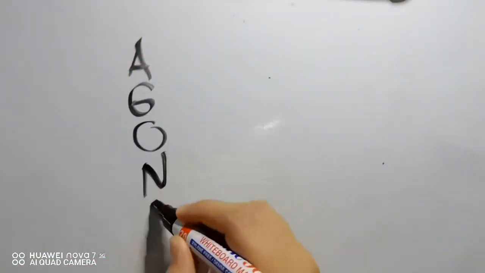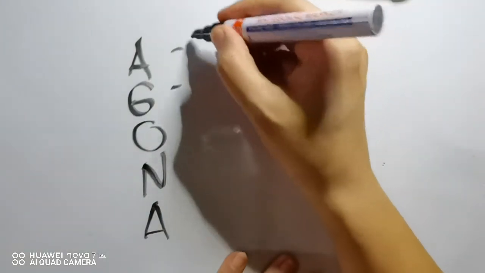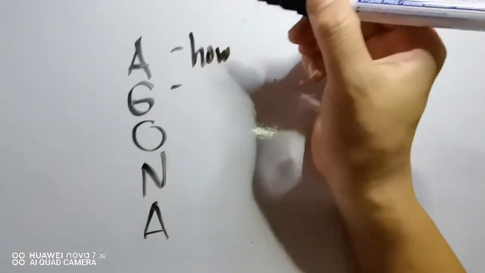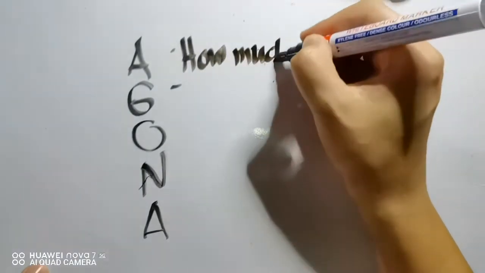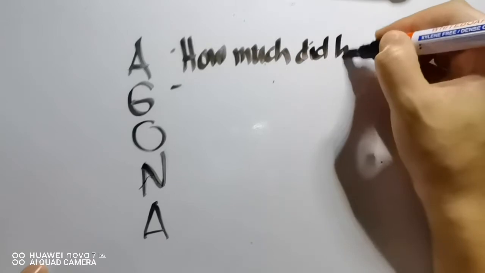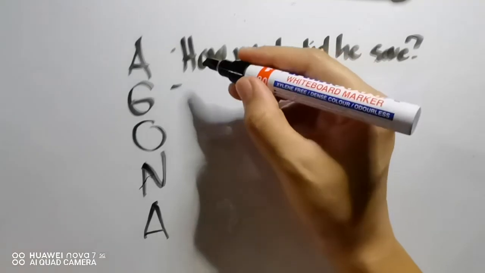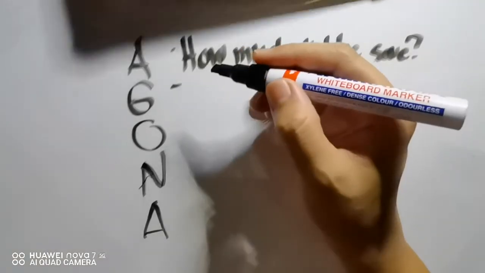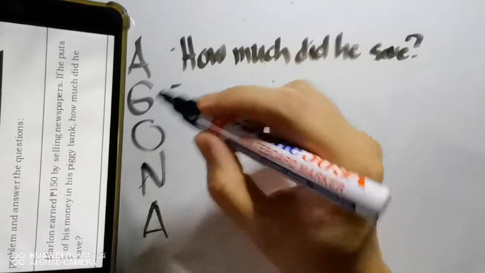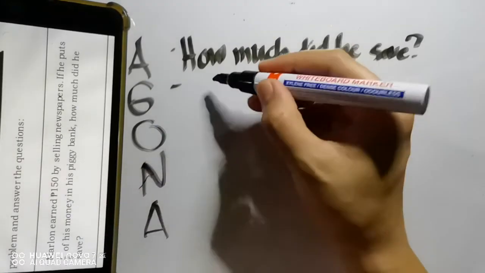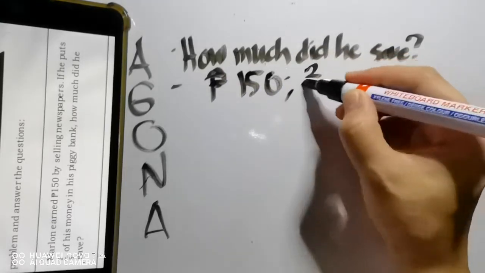Let's do it so you won't get confused. Ask: how much did he save? Given: 150 pesos and 2/5.